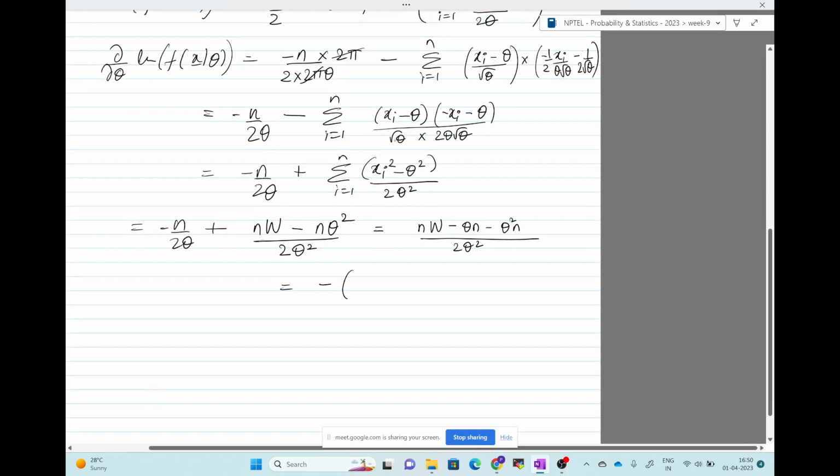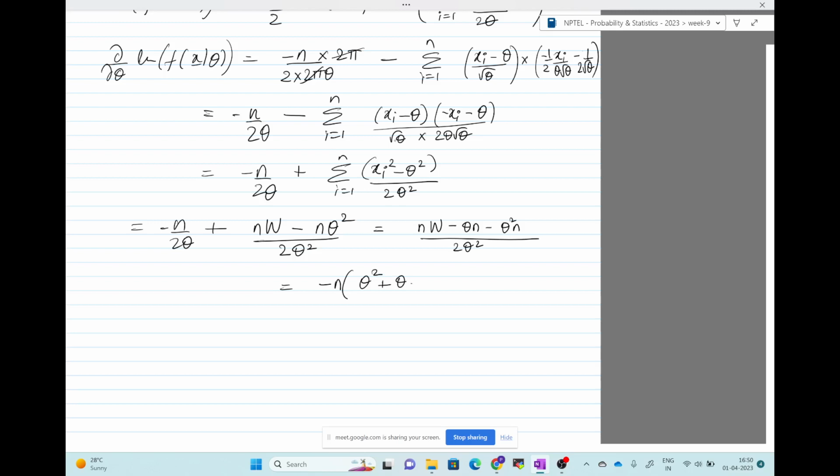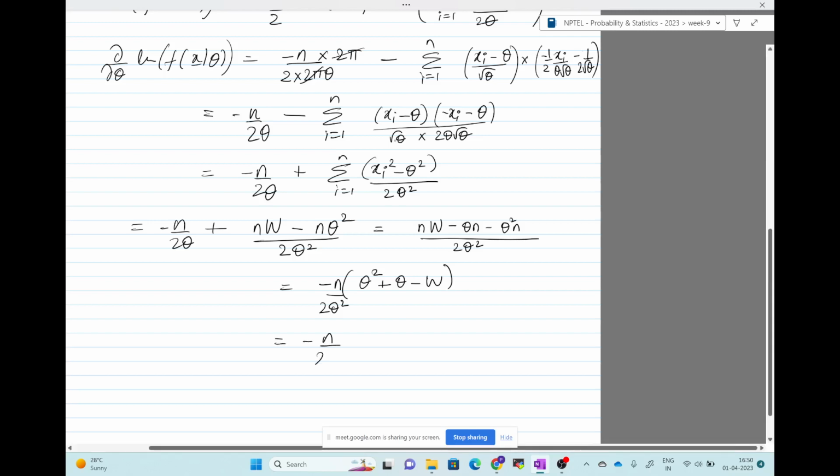So we have a quadratic. So the roots of this.